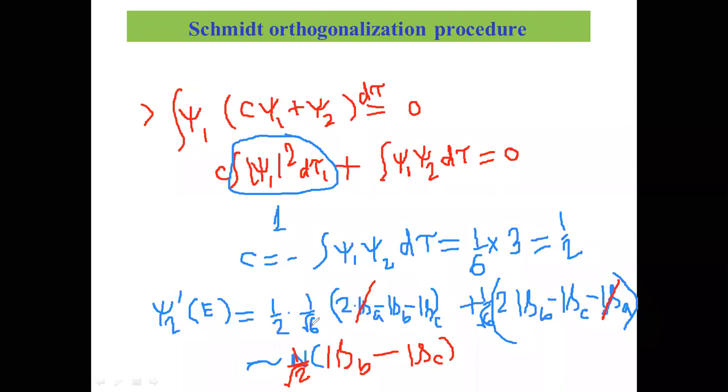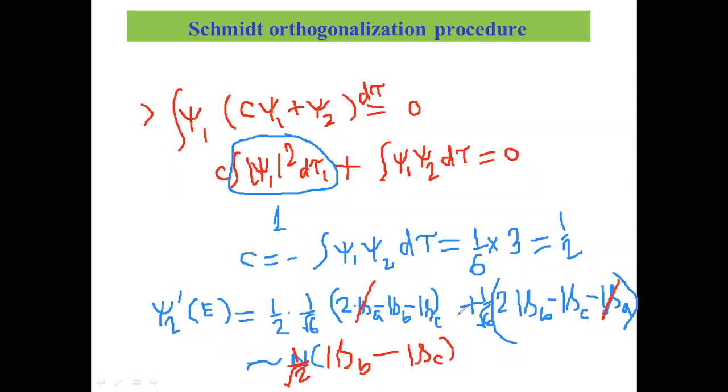Just forget about 1 by square root of 6. That is common. Okay. So you are going to get 2 into 1 SB, right? And then minus half. Half into, so that is 3 by 2. 3 by 2. And half will be taken common as the 1 SC is also half.